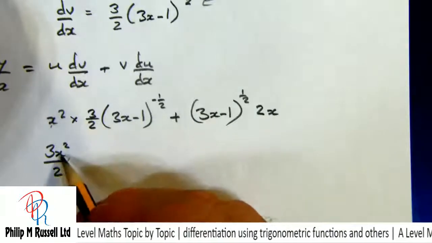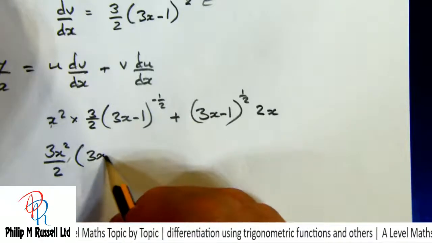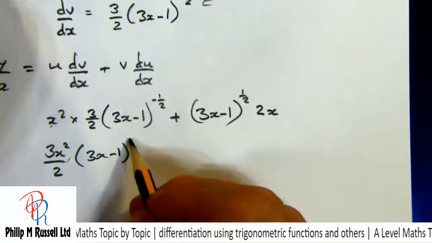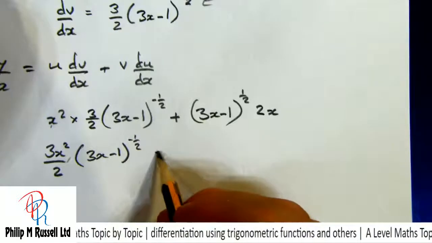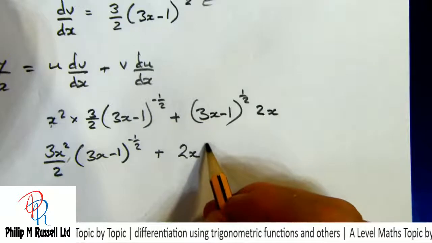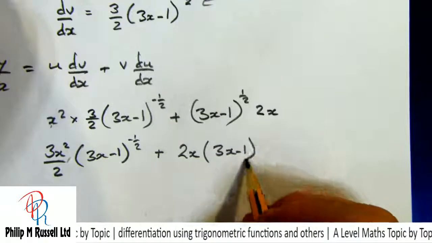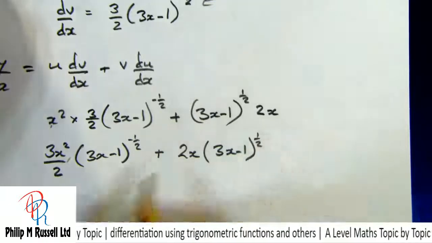I've just multiplied that by 3x minus 1 to the minus a half, plus I've got here 2x times 3x minus 1 to the half.